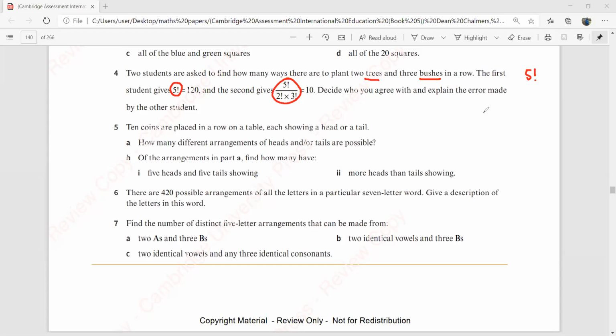For example, if it said that there are 2 boys and 3 girls, and you're arranging them in a line, would you say 5 factorial or 5 factorial over 2 factorial into 3 factorial? Which answer is right now?